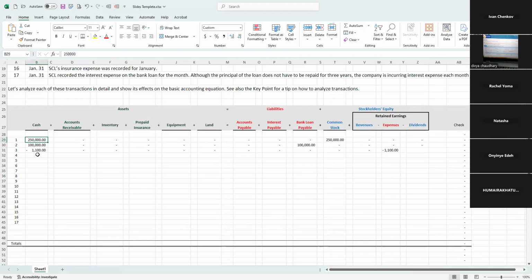So now, if somebody asks you, hold on a second, how much cash do we have? What are we gonna say? We'll make the calculation now. We'll add 1 and 2 and minus the third transaction.